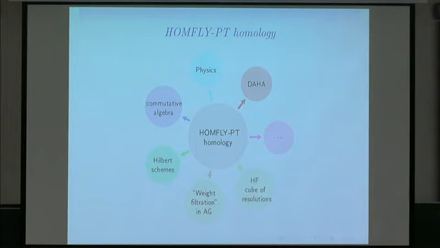Constructions connect it with physics and commutative algebra, like we saw yesterday, people using circle bimodules, matrix factorizations, Hilbert schemes. We saw it yesterday. Some other constructions in algebraic geometry use categories of sheaves over some algebraic varieties, and something that's called weight filtration.